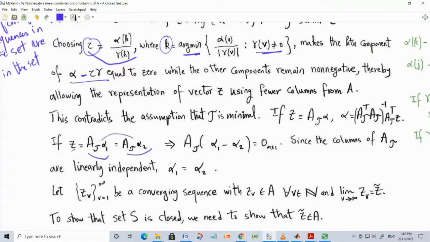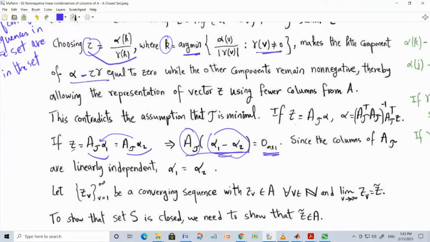Then move this to the other side: AJ times (alpha 1 minus alpha 2) is the all zero vector. But if the columns of AJ are linearly independent, then to multiply a full column rank matrix with a vector and get the all zero vector, it must be the case that this vector is the all zero vector, which means that alpha 1 is equal to alpha 2. So this representation is unique.